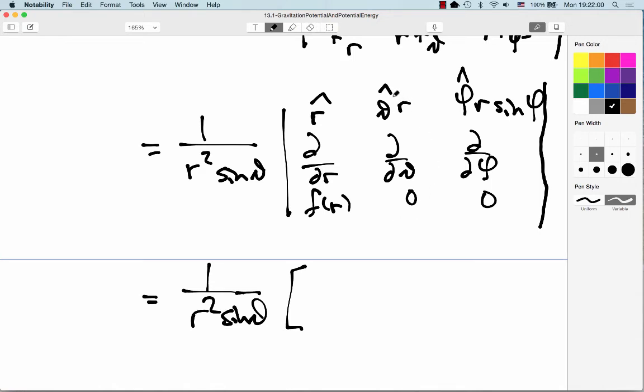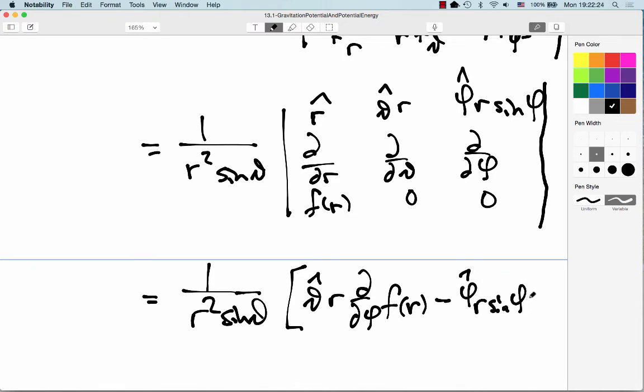So we go look at the theta hat. That's potentially non-zero, although it's 0. That is clearly 0. So we have a theta hat r partial phi of f of r minus, it'll turn out, when we do this, this gives me 0, but that is negative. So minus phi hat r sine phi partial theta of f of r.